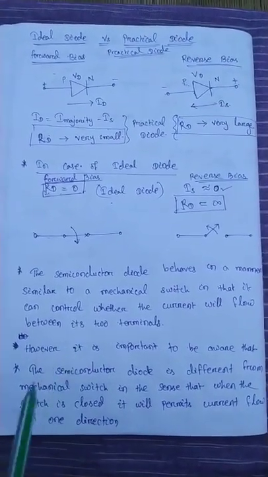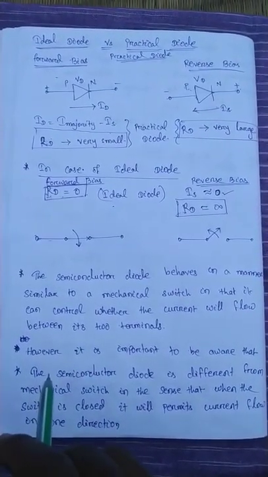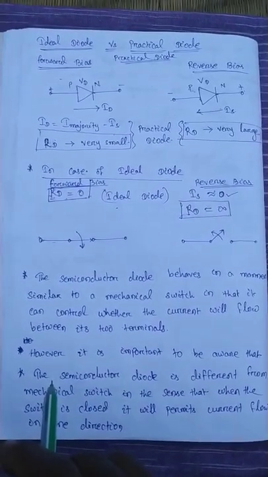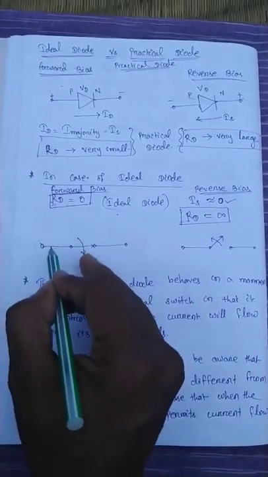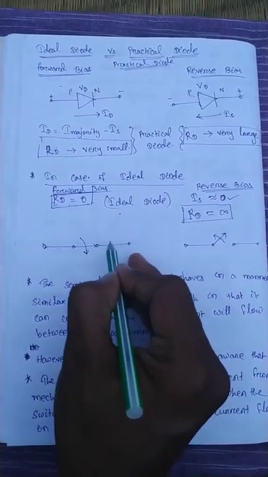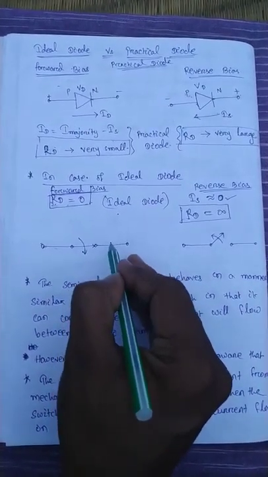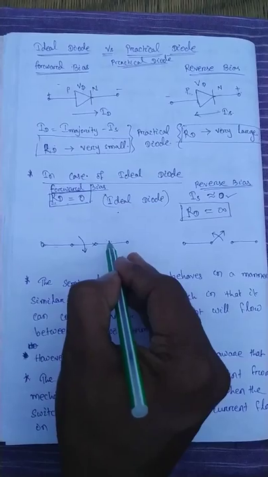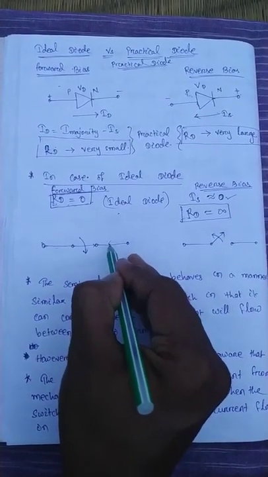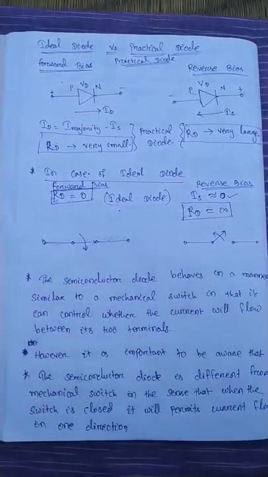there is one difference between the semiconductor diode and the mechanical switch: the semiconductor diode allows current in only one direction, as you see in this case.